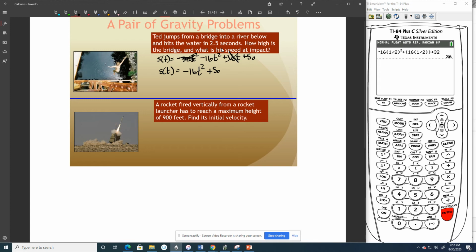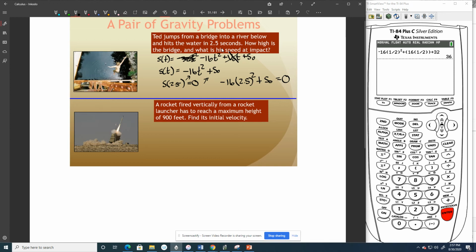Now, I know that he is going to hit the water in 2.5 seconds, so when t is 2.5, s is going to equal 0. So if I plug that information in right here, I can say that negative 16 times 2.5 squared plus whatever my height is, that's going to equal 0.